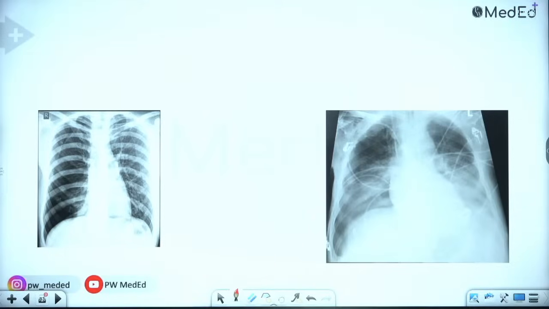Anyone, guys? Sachin, Vikas, Yashwant. So you are very close, Yashwant. This is not emphysema.